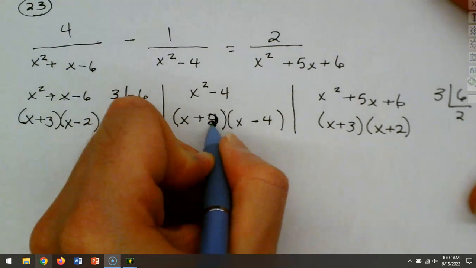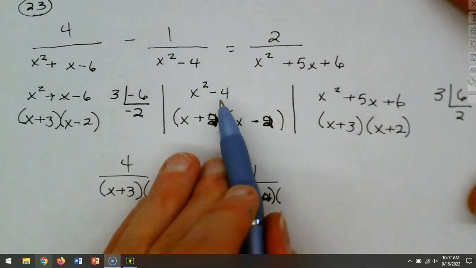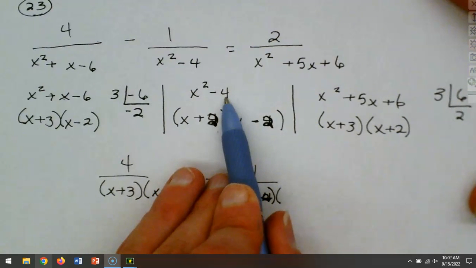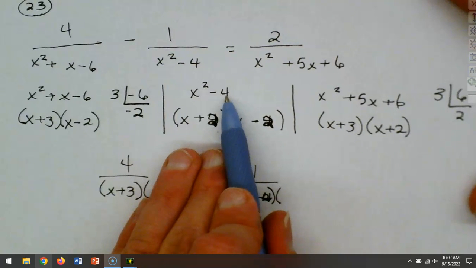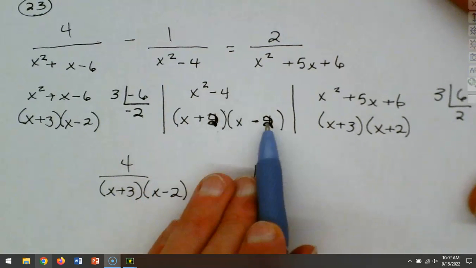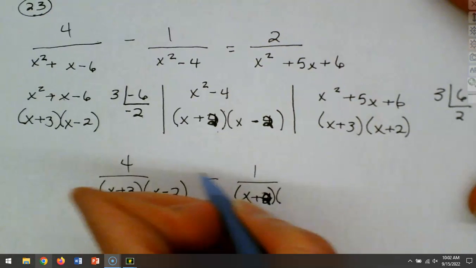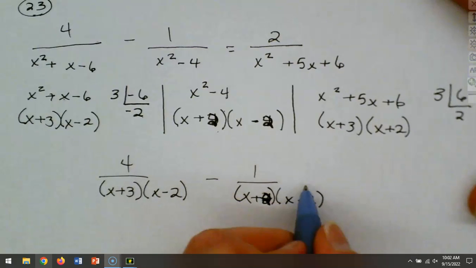Why should it be 2 here? Because this is a difference of squares, and 4 is a perfect square of 2. That's where the 2's came from. I just wrote it down wrong. So that's x plus 2, x minus 2.